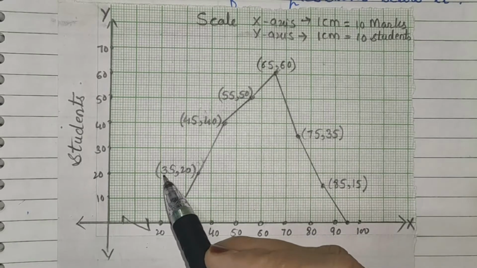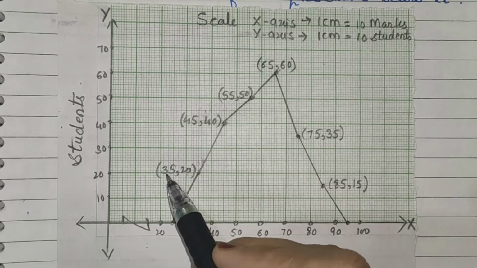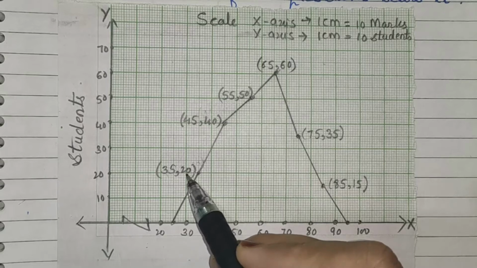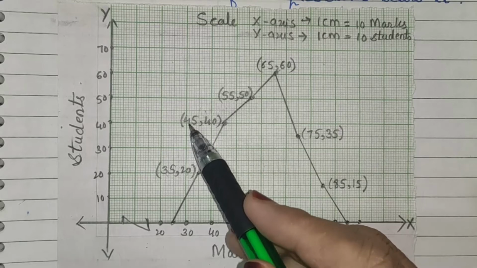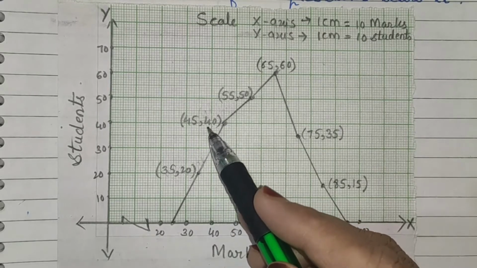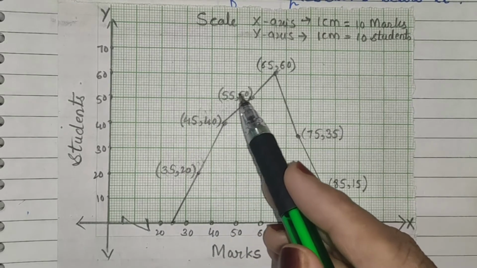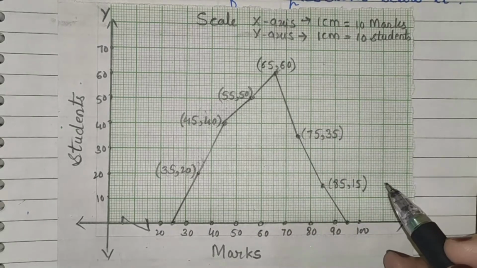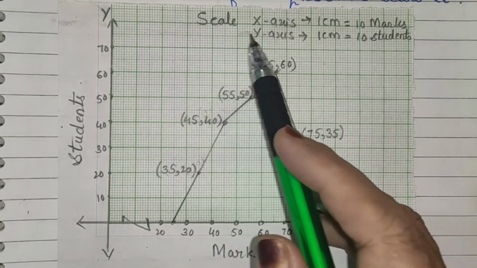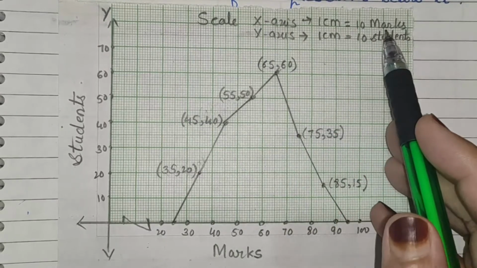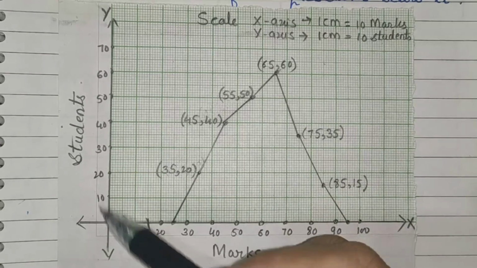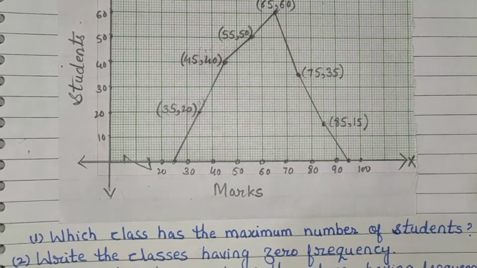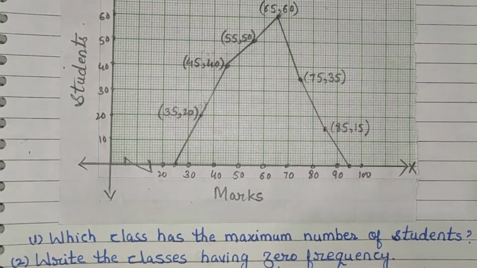And the coordinates are 35, 20. Now it is class mark and next one is number of students, frequency. Here also class marks means marks and frequency, and so on. And the scale given here is x-axis 1 centimeter is equal to 10 marks and on y-axis 1 centimeter is equal to 10 students. Now the first question is, which class has the maximum number of students?